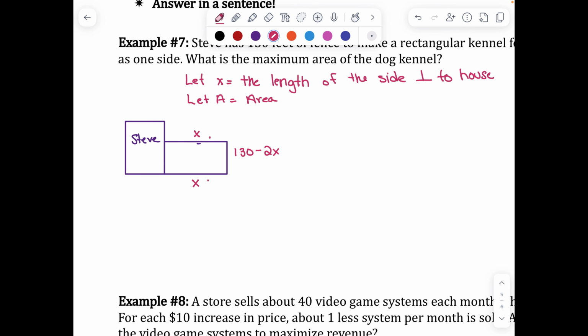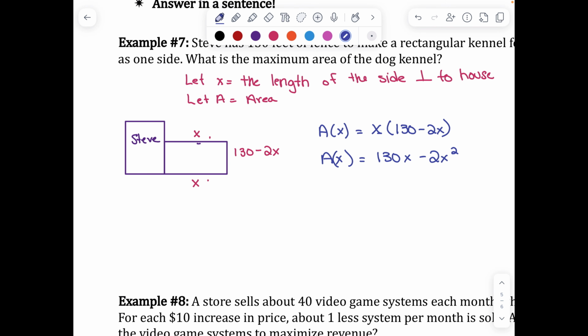Remember, to find area, we're saying length times width. So I'm going to set up my equation as A of x equals length is x times our width 130 minus 2x. So let's go ahead and get this into a more standard form. So we have 130x minus 2x squared.